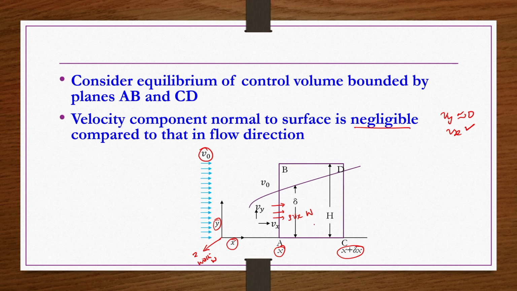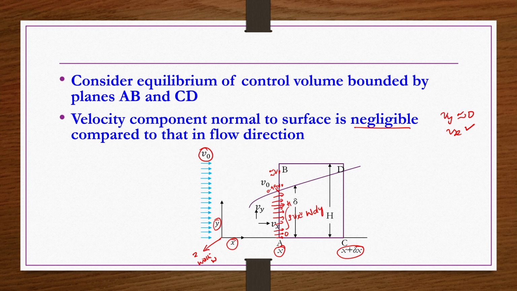But we are worried about this analysis within the boundary layer only, while some of the control volume is outside of the boundary layer, and the velocity is changing. It is 0 at the surface at location A, and then gradually increasing. At this point it becomes 0.99 times V naught, and after this it is approximately V naught. So Vx is changing with y, and that is the reason we take W dy as the area and integrate it from 0 to h. This is the rate of mass in.